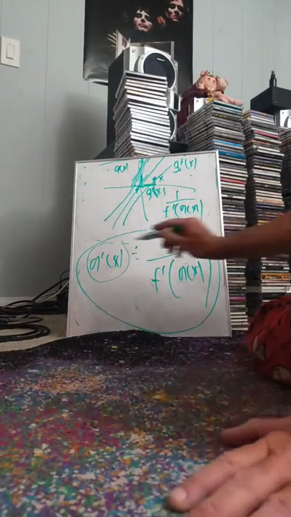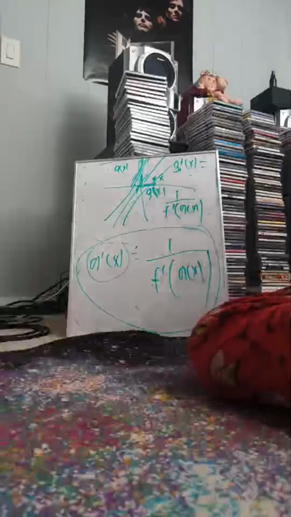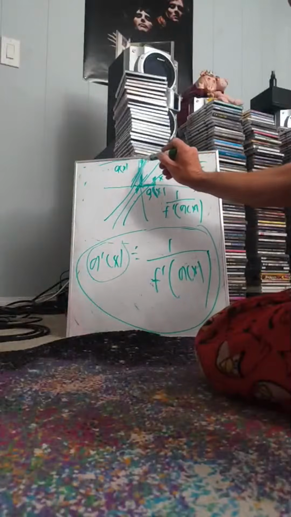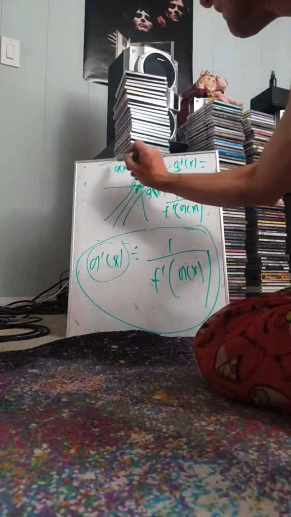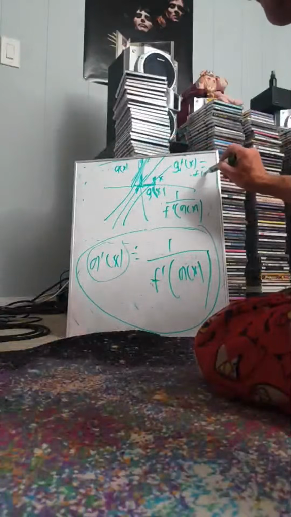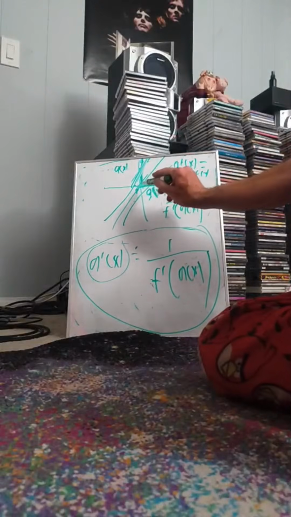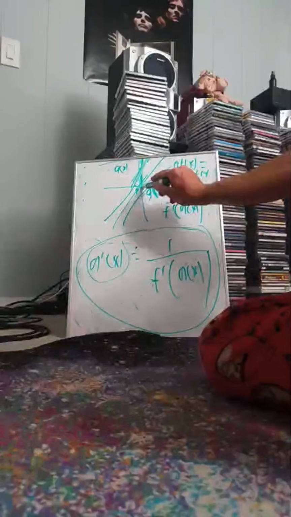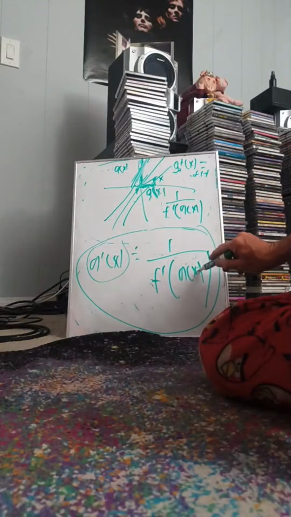Yeah, so it works. So g prime of x equals 1 over f prime g of x. That's how it goes, because this is the g of x line up here. This is the f of x line down here, and the slope at f of x, where x is equal to g of x. So that's why this is here.